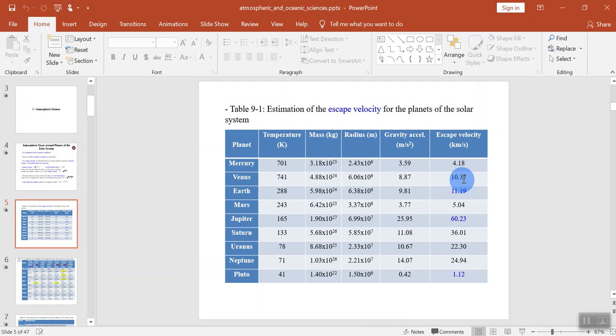So this is the escape velocity for Earth, for example, 11 kilometers per second. The gas has to be beyond this speed to escape Earth. And then Jupiter is pretty high because Jupiter is pretty big. Pluto is very small because the planet is very small.